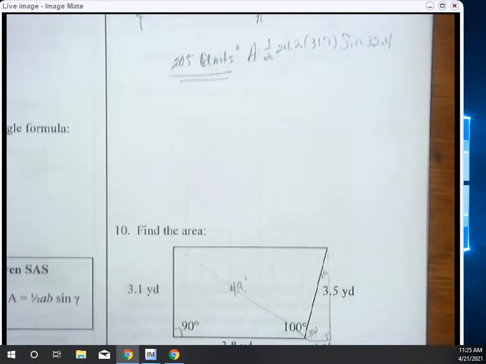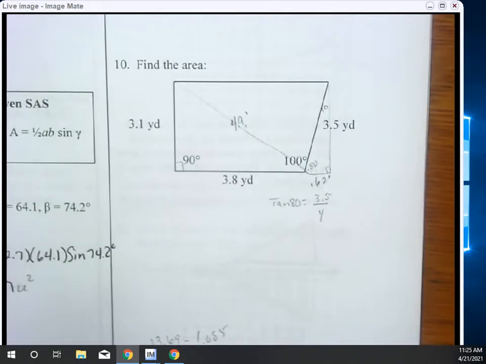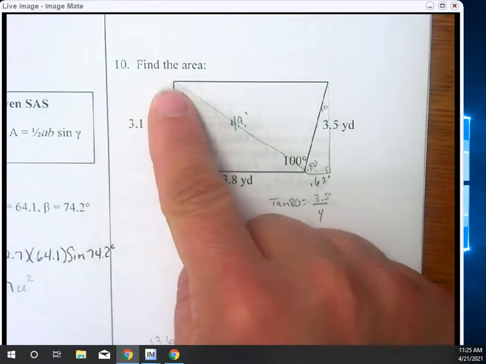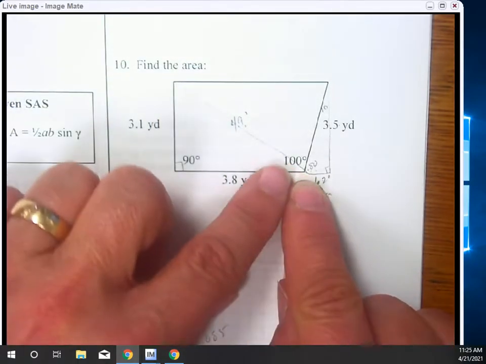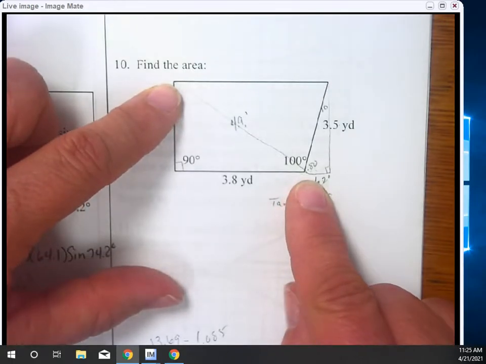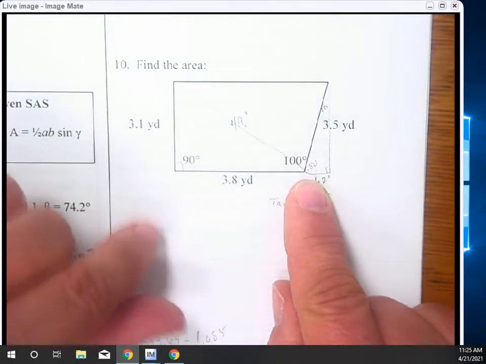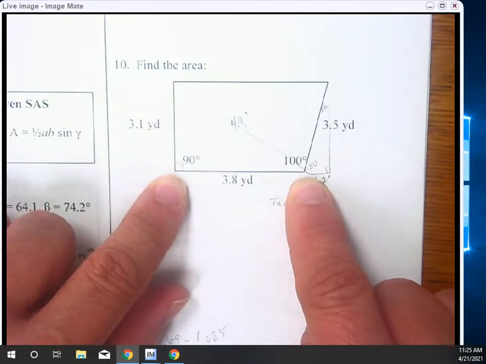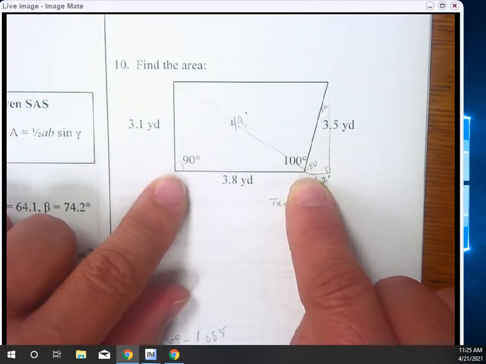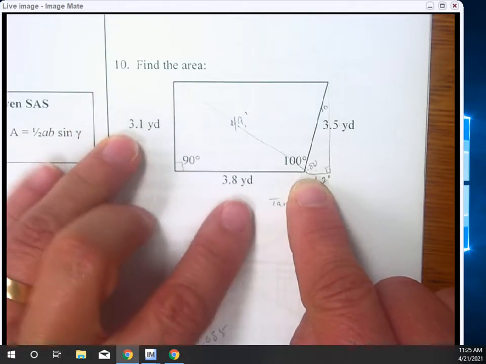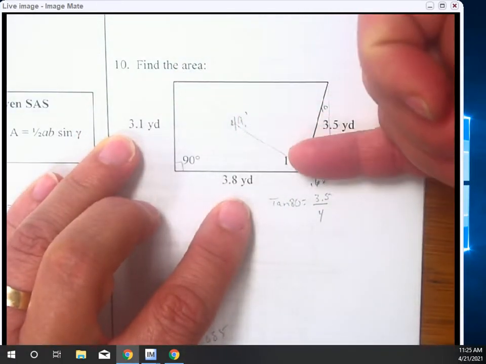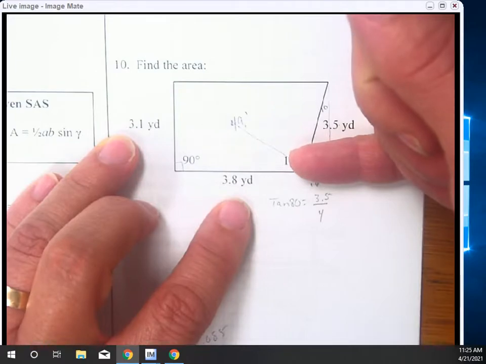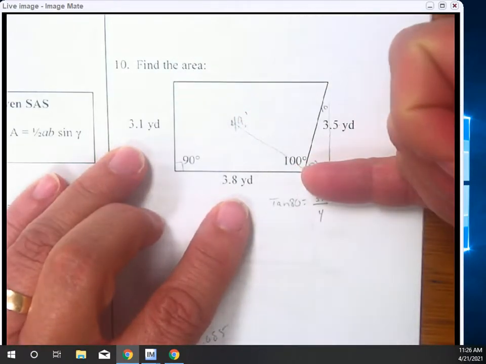When you look at this problem, what do you see? I see two triangles. Okay, you can draw this diagonal and have your two triangles. And then you have this base times this height divided by 2. You then could use the Pythagorean theorem to find the 4.9 yards to get your diagonal.